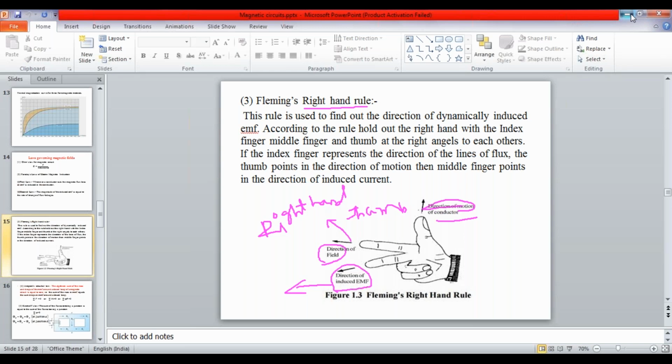So from this, if we draw the vector diagram of current I and flux phi, this is the vector diagram. The first thing appearing is I, an electric field, followed by the magnetic field of flux phi.